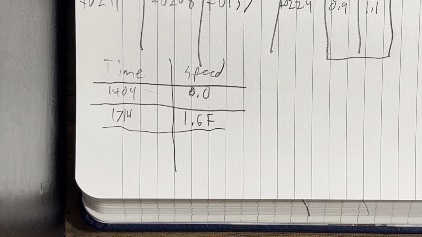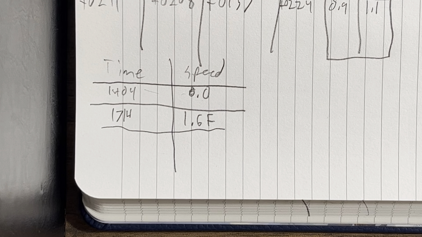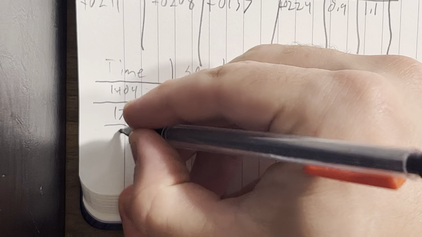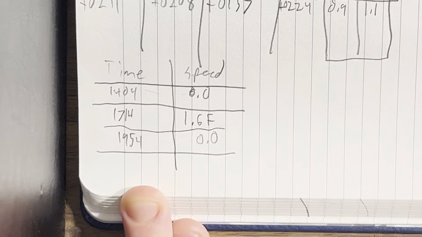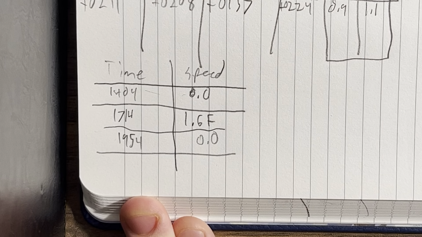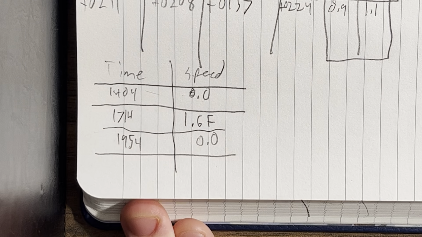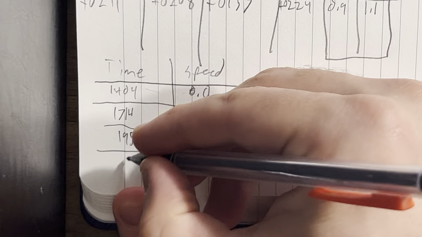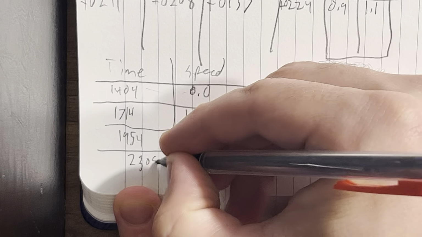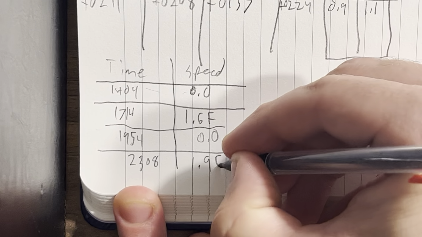Then at 1954, we have another slack water. And at 2308, we have an ebb current of 1.9. 1.9 ebb.